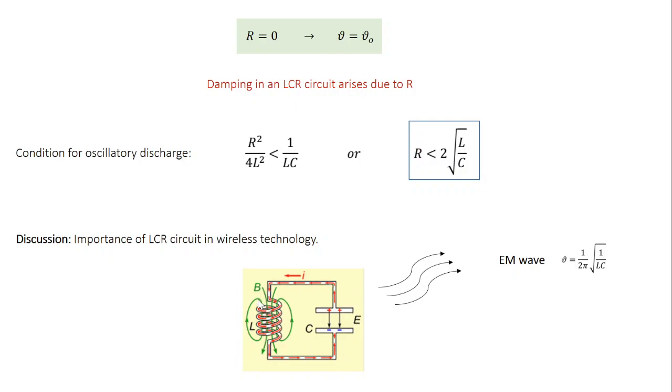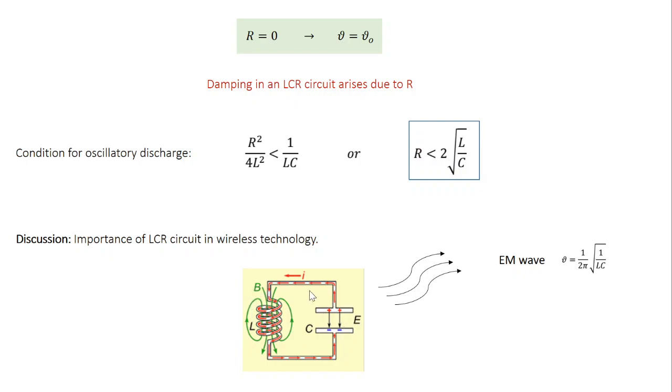So the energy keeps shuttling between electric field and magnetic field, and when this happens very quickly, if you look at the AC connection, the frequency is 50 Hertz. In 1 second, the cycle changes 50 times. So you have a very fast interchange of electric field and magnetic field.